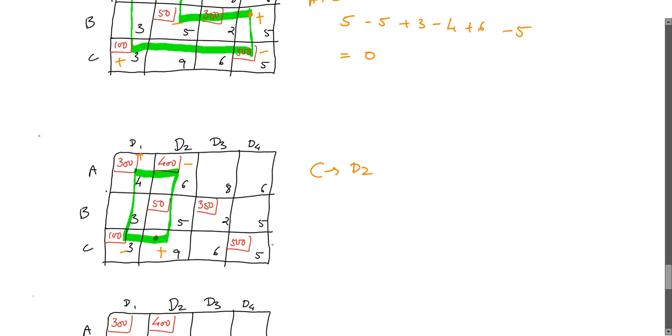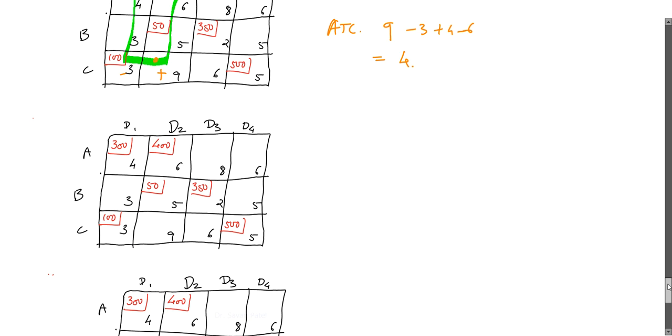If you go to this one, then you will not have any choice to go further. So that's why I have reached this case. So the additional transportation cost on this choice is plus 9, minus 3, plus 4, minus 6. It is 6 minus 2, so it is 4. So we are not able to reduce our transportation cost further.